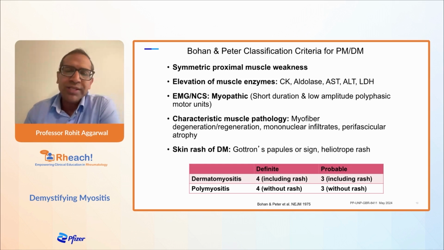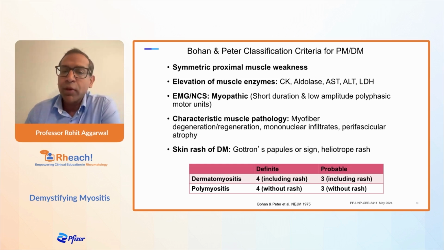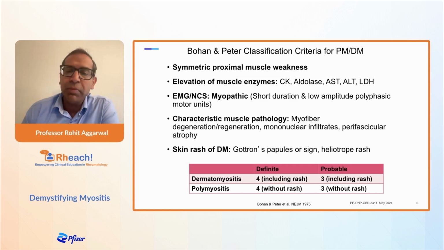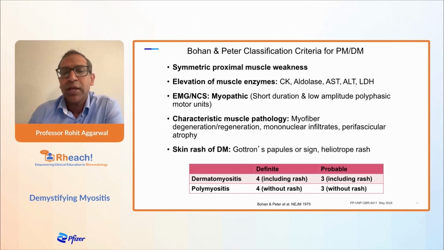Now, the problem with this classification criteria is it works great for dermatomyositis because of the pathognomonic rashes. But for polymyositis, where you don't have the advantage of skin rashes, you only have 4 bullet points, and it can be misleading. Many myositis mimics can fulfill this criteria quite easily, and that has led to somewhat of an overdiagnosis and misdiagnosis of polymyositis in our area.